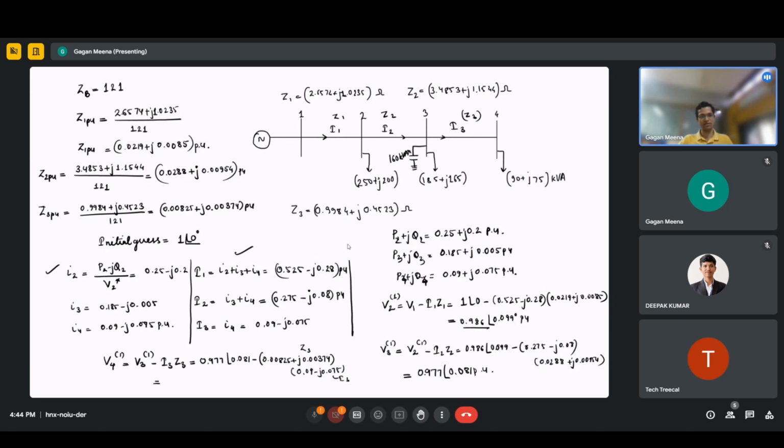So are you getting this value V3? Yes, sir. Angle is 0.081. Okay, now calculate V4 also. Then we have to calculate the active and reactive power losses.